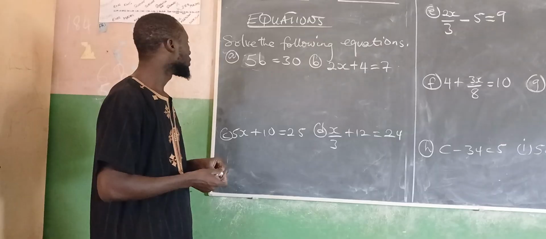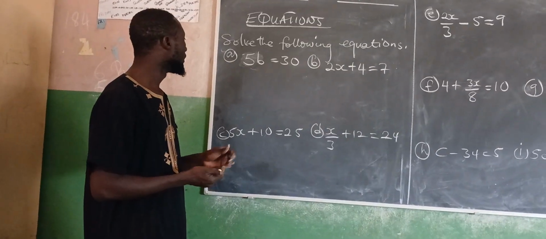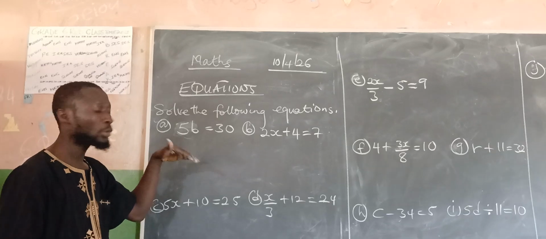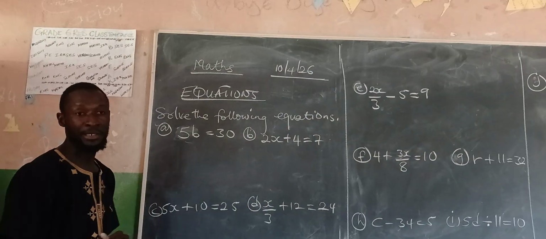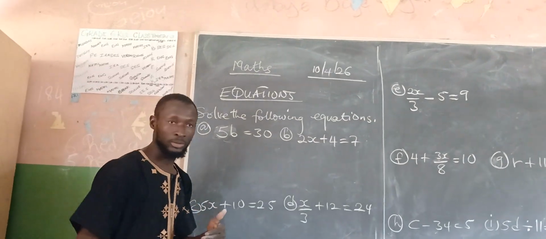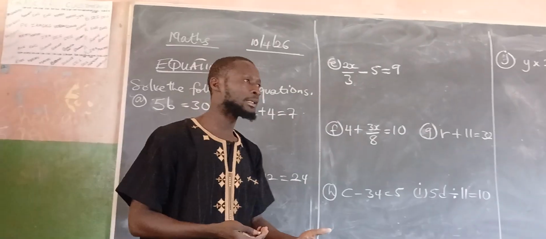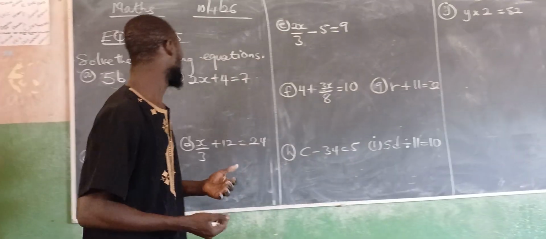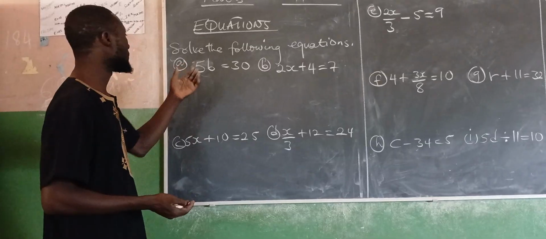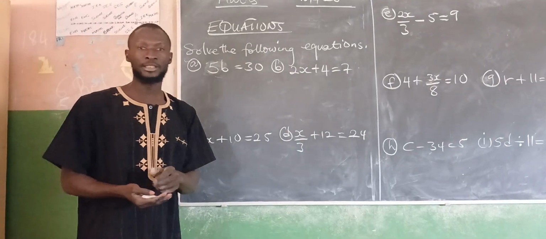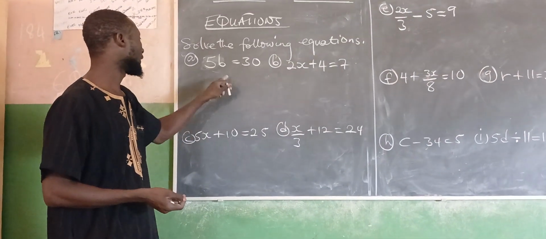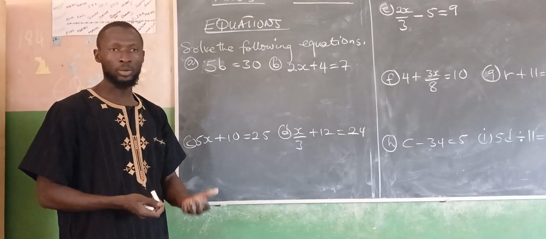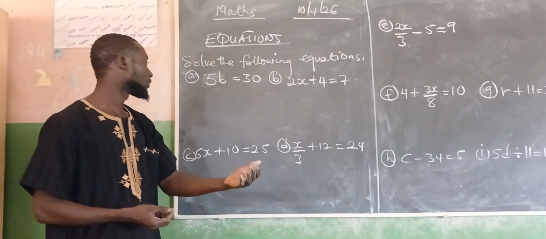Now, to find the unknown, we know we have an unknown in this equation. The unknown in the equation is b. We normally use letters to represent unknowns. So if you have 5b equals 30, our target is to find the unknown b. To find b is simple.